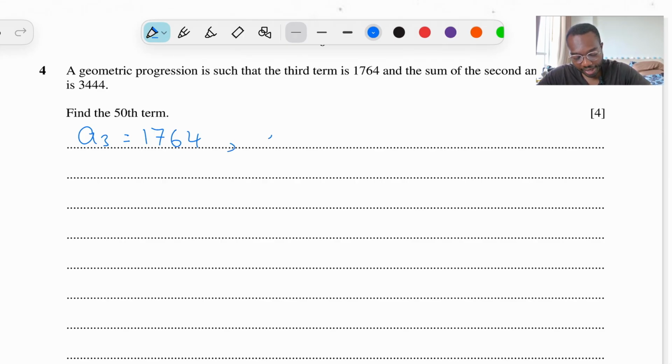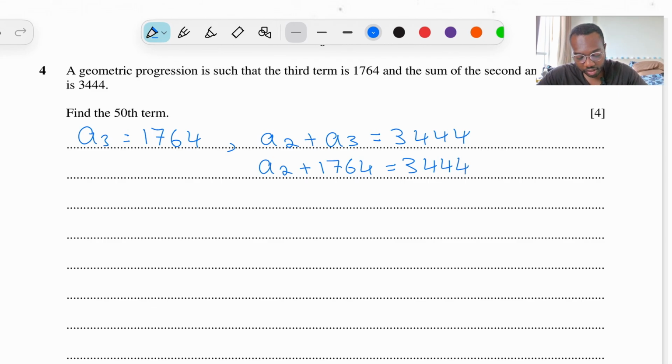So we know that A2 plus A3 must equal 3,444. And we know what A3 is, they tell us that in the question. So we can work out A2. We know A2 plus 1,764 must equal 3,444.